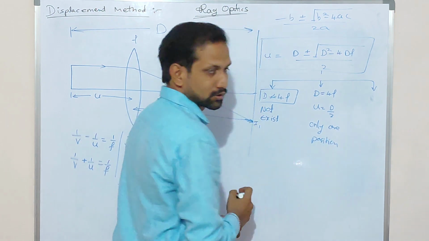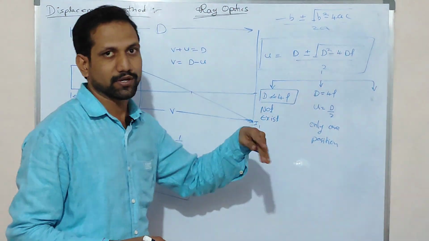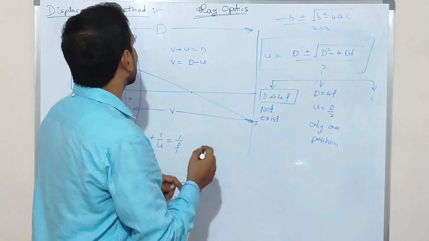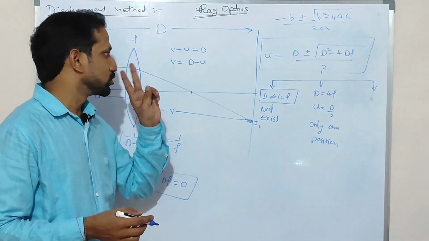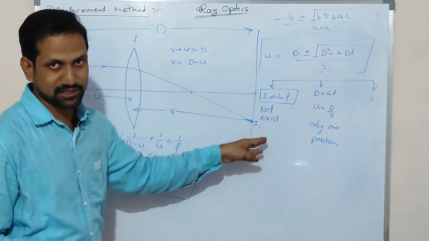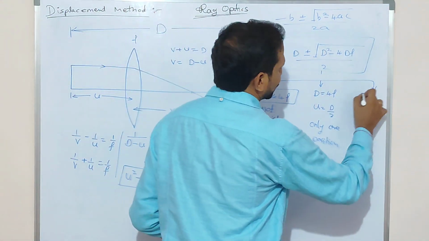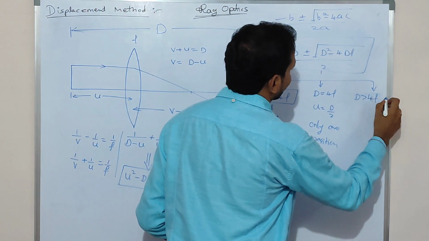If only one position is there for the lens, then the displacement method cannot be applied. To apply the displacement method and find the focal length, at least we need two different positions for the lens, so that two real images are formed on the screen, and that will happen in this case, when d is greater than 4f.